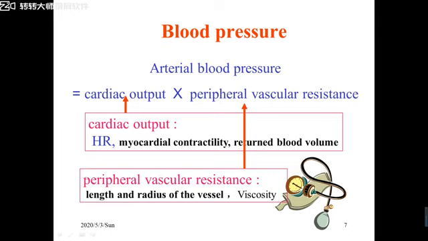So now my question is, which kinds of drugs can reduce peripheral vascular resistance? They are vasodilators, such as alpha receptor blockers, such as CCB, such as direct vasodilators. So later we will use these drugs to treat hypertension.